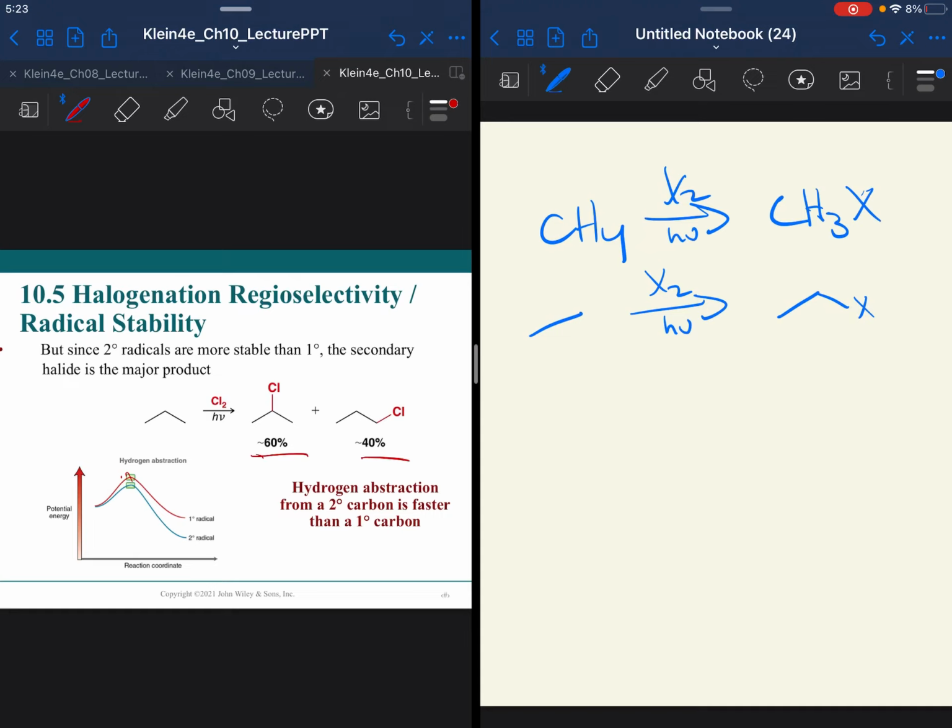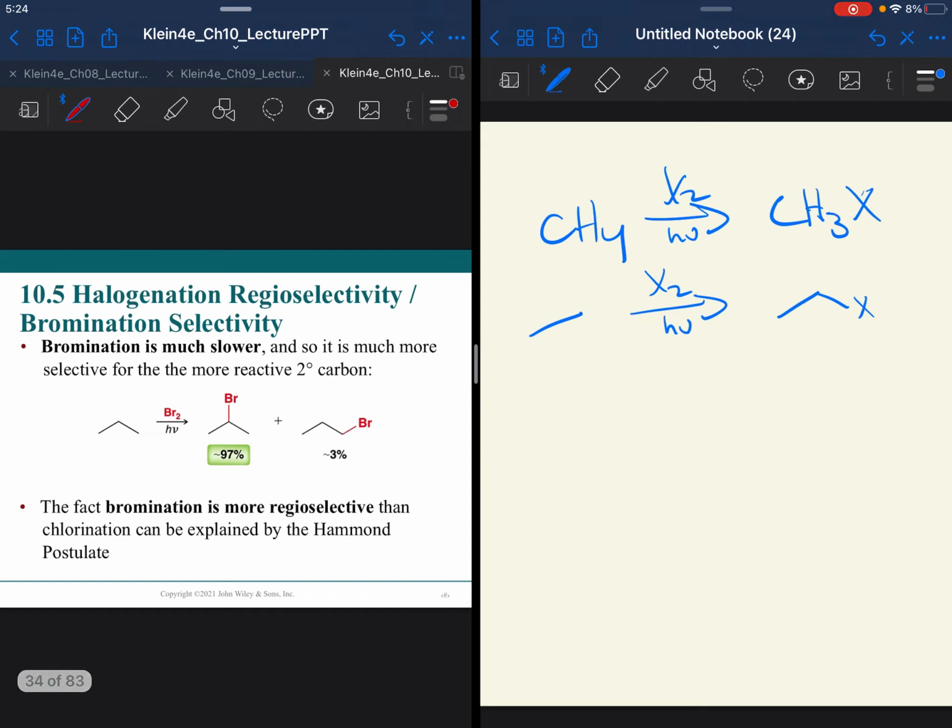So you get like a 60-40 split. That's a lot of waste if you're trying to make one specific halogenated product. And then separating something that is this close together in structure would be difficult. Not impossible, but difficult.